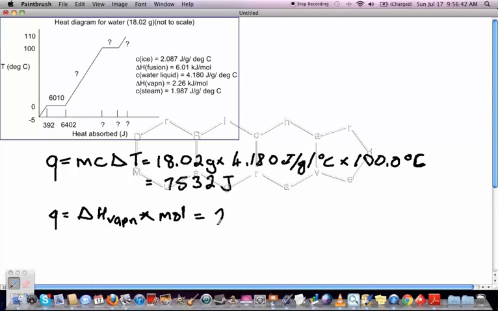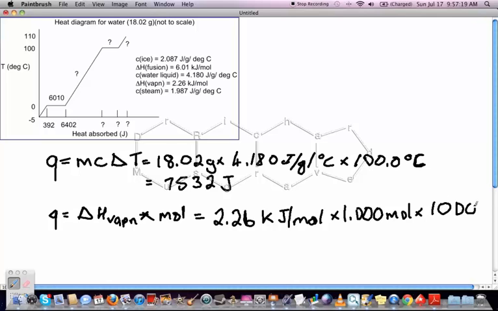So we're looking at 2.26 kilojoules per mole times 1 mole times 1000 joules over 1 kilojoule.